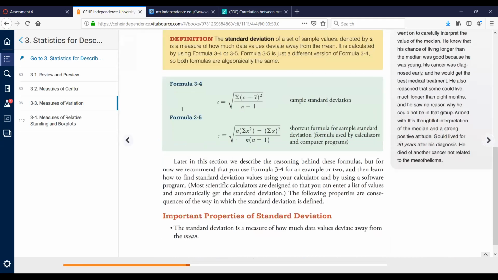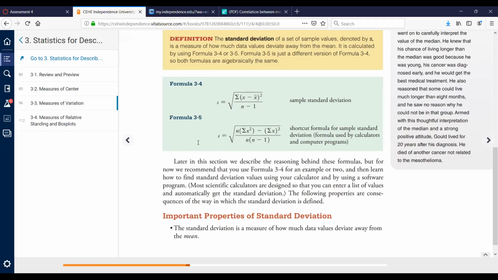The formula that we discussed here, standard deviation of a sample, is the sum of the difference between the mean and our data point divided by the total number of data points less 1. So this is for a sample.